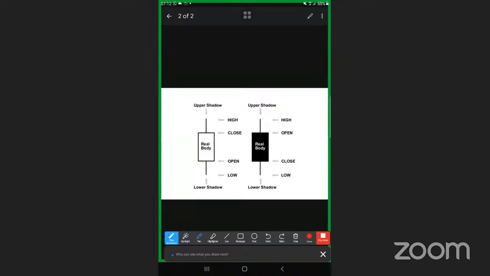Now, I said that when it comes to buyers, they open price at the bottom and close it at the top, because buyers want to buy low and sell high.